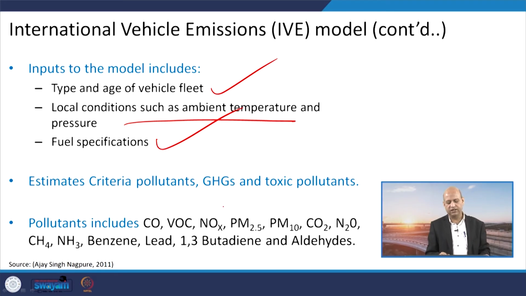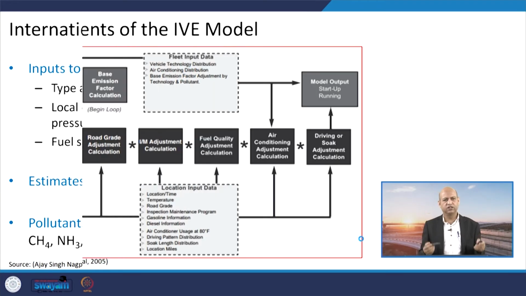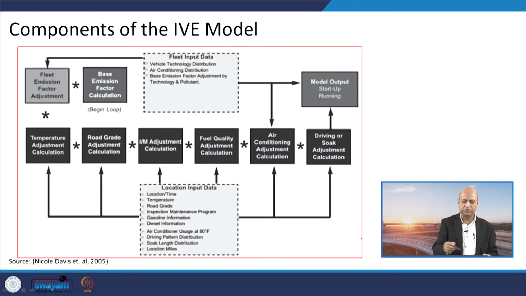Greenhouse gases, toxic pollutants and criteria pollutants can all be calculated, a good number of pollutants from the IVE model like CO, VOC, NOx, PM 2.5, PM 10, carbon dioxide, nitrous oxide, methane, ammonia, benzene, lead, as in MOVES, which you have seen. And this is the framework or flow chart of the IVE model.